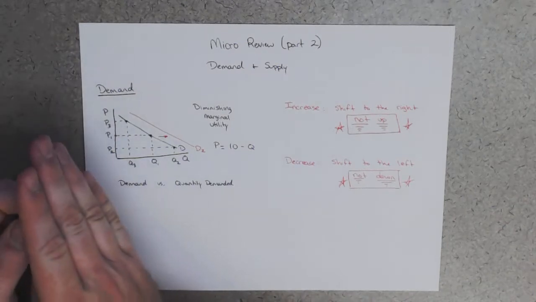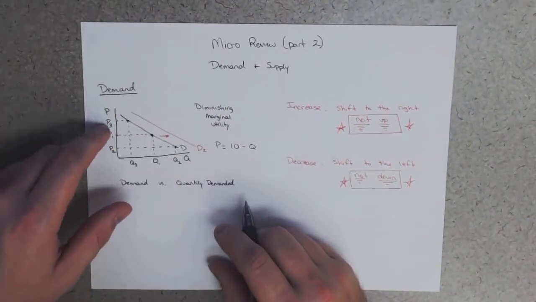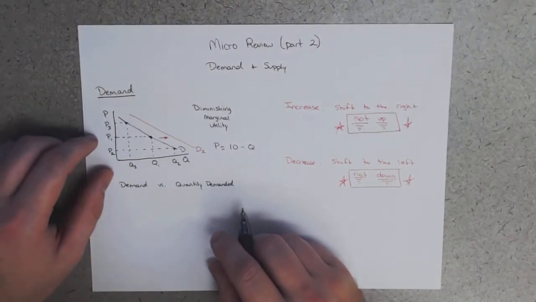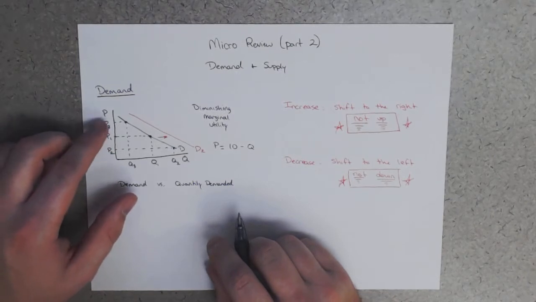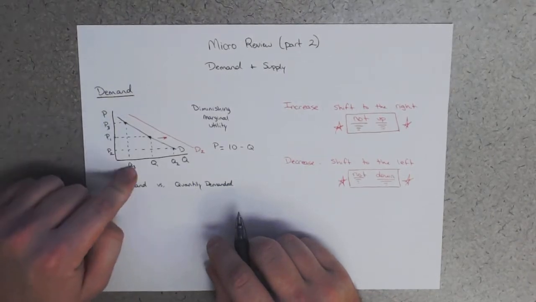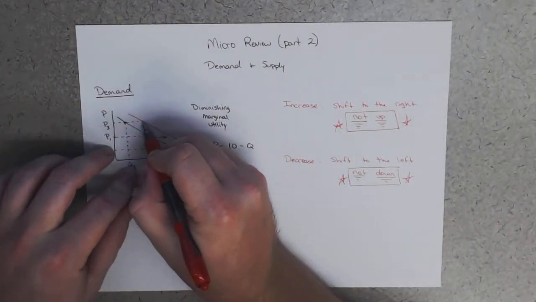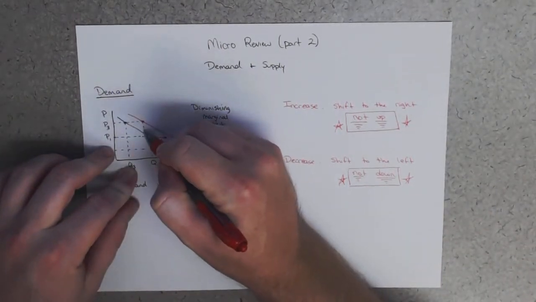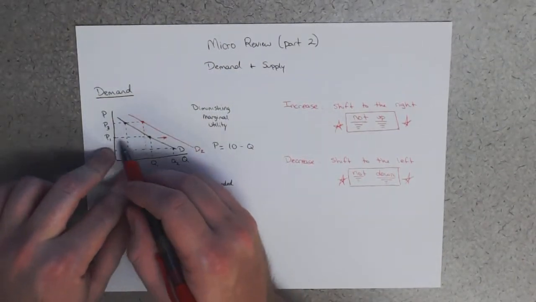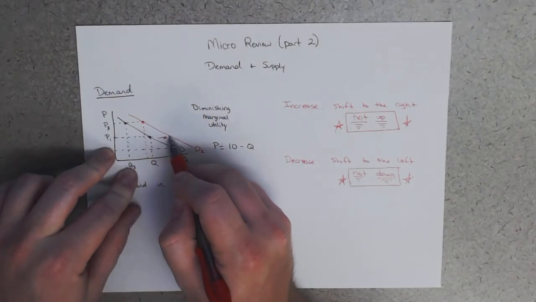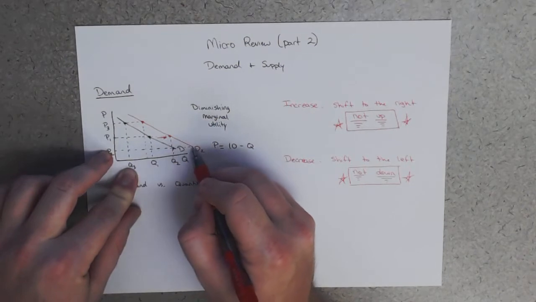So when demand shifts to the right, what we're saying is that at all prices, more of the good is being sold than previously. Note that that's true at P3, right? There used to only be Q3 being sold, and now if I continue over, you can see that we almost get to Q1, right? And at P1, we come over, we almost get to Q2, and at P2, we're way off the chart.